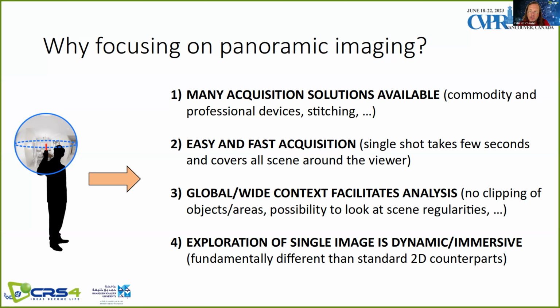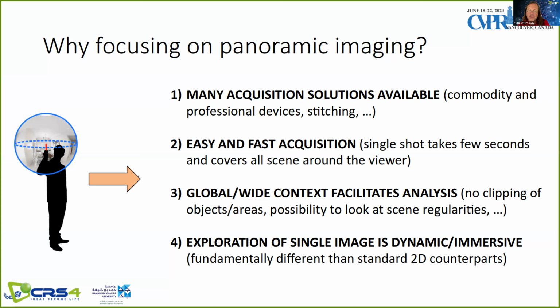There is no clipping of objects, of areas, of boundaries, and there is vast possibility to exploit scene irregularities, symmetries, and so on that can allow you to deal with the reconstruction.